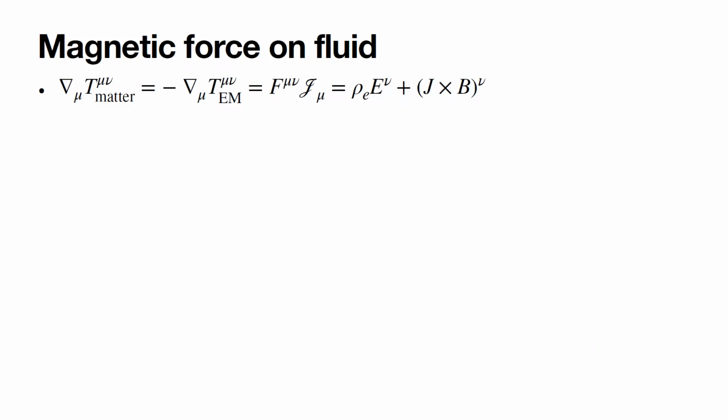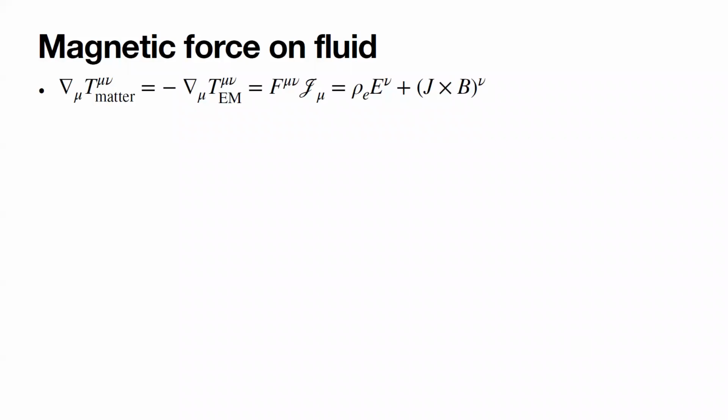The divergence of the matter stress energy, which gives you the force on the matter, is equal to minus the divergence of the T mu nu for the electromagnetic field. That works out to be the field tensor dotted into the current four-velocity. And I can expand that out. There's an electric field, there's a J cross B. Usually, unless you're very relativistic, J cross B is the dominant term, right?